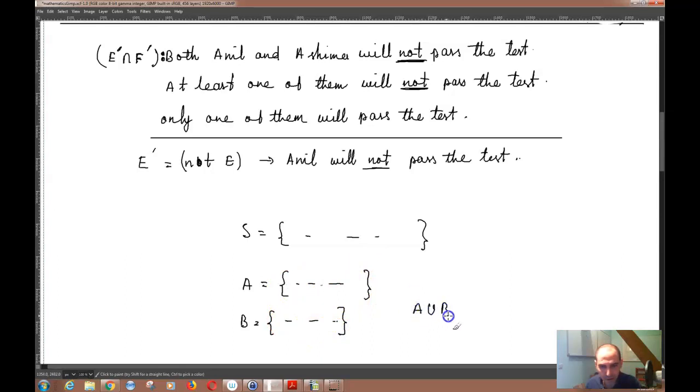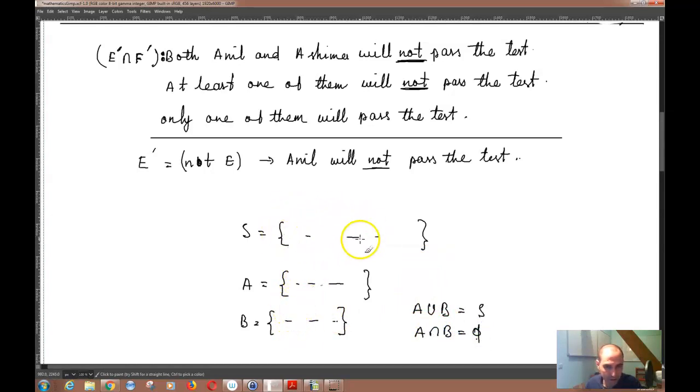Then of course you know that the union of A and B is equal to S, if you include all of the members of S in these two sets. And let's suppose that A intersection B is equal to the null set, meaning that these two have nothing in common.